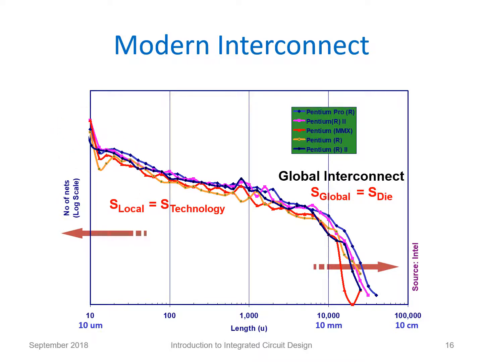That is, local wire length scales with the scaling factor of the technology. They are getting shorter and shorter. When it comes to global wires, we can see that they are getting longer and longer. Global wire length scales with the die size, which is getting larger and larger as more functionality is added.